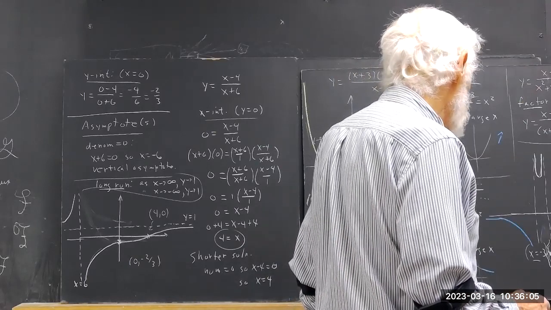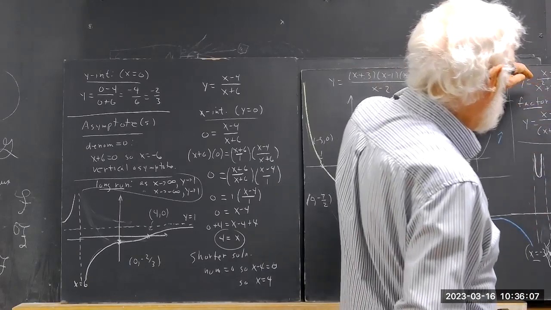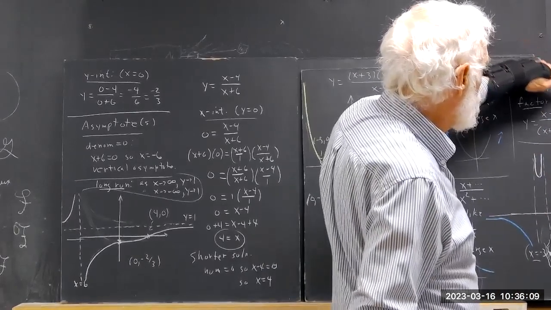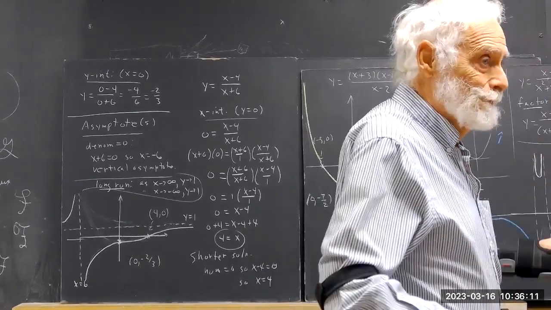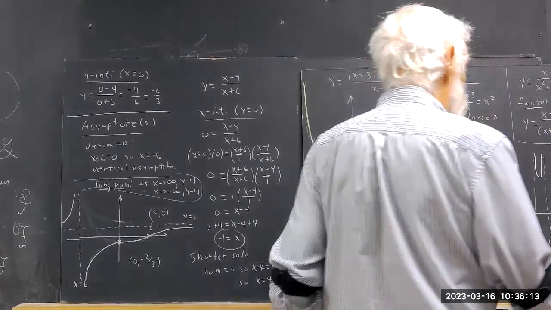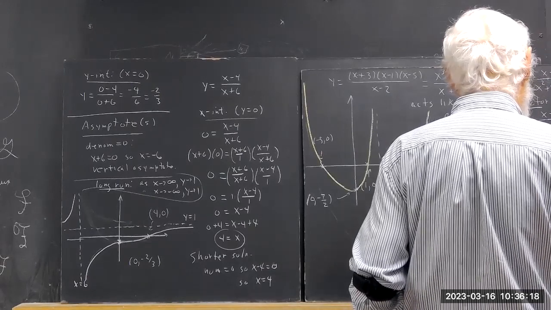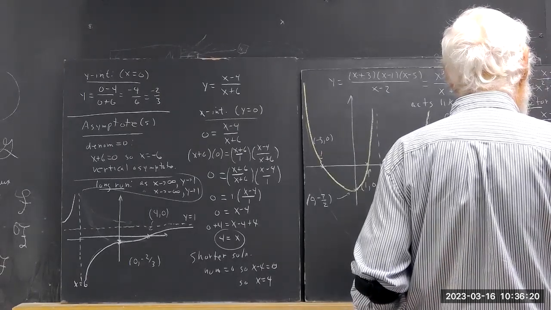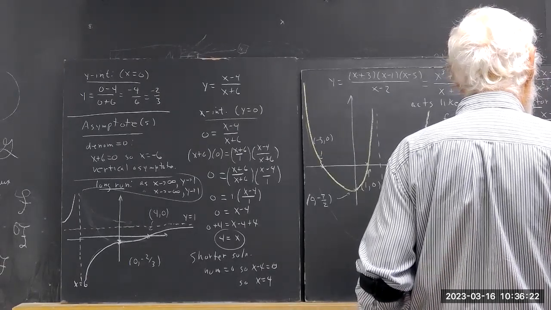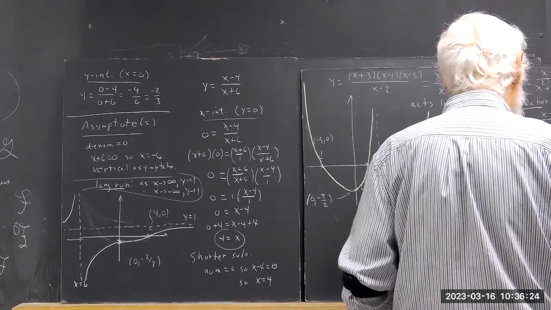The y-intercept, which we never did, is going to be -4 over 6. Coincidentally, that's -2/3, same one we had before.